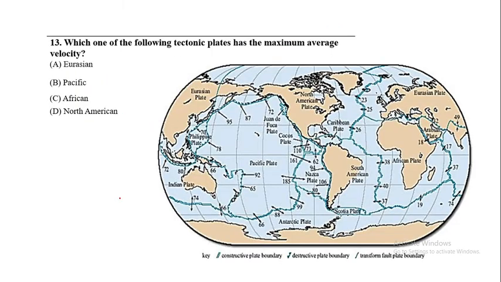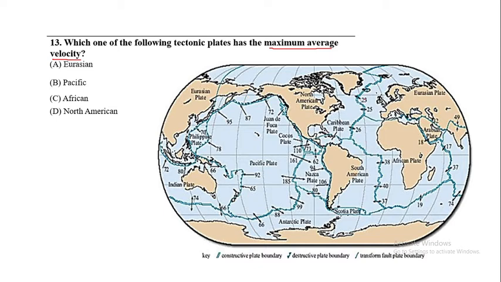Yes, now the next question. Which one of the following tectonic plates has the maximum average velocity? It is a very important question, that we need to know the maximum average velocity of various plates. All these plates are moving with different velocities. Now you can come back to this diagram.